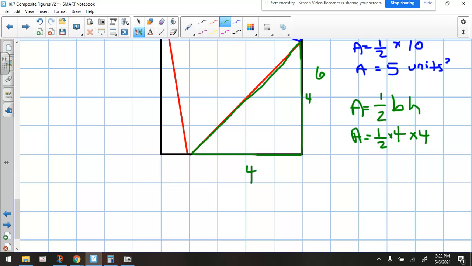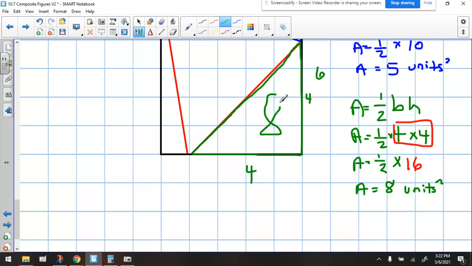And if we do 4 times 4, we get 16. And half of 16 we can do in our head, no problem. Half of 16 would be 8. All right, so the green triangle is 8 square units. I'm going to put a big old 8 in there so we remember.